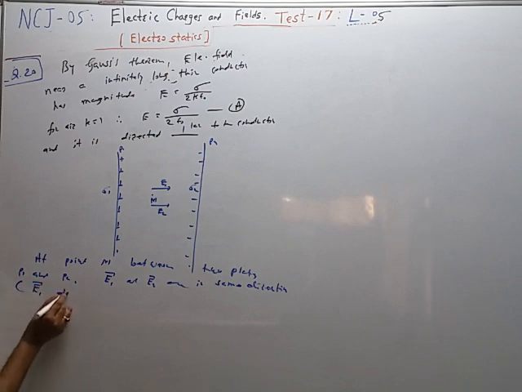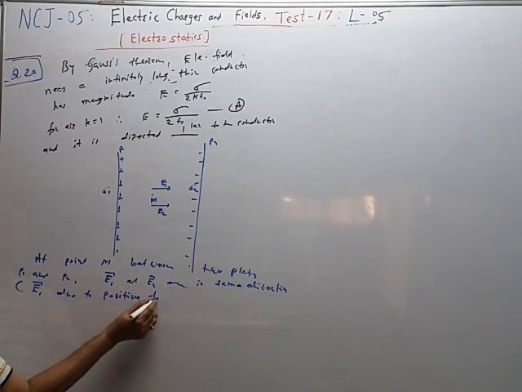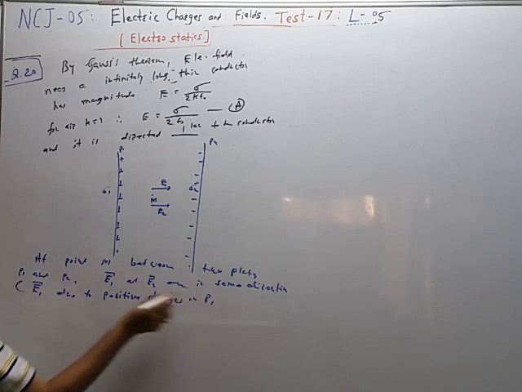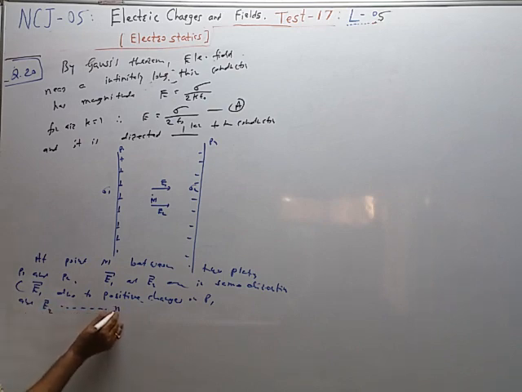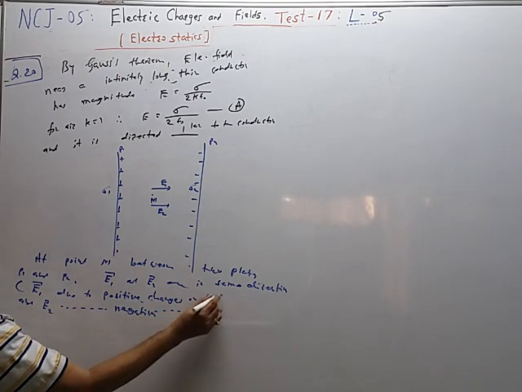E1 due to positive charges on P1, and E2 due to the negative charges on P2.